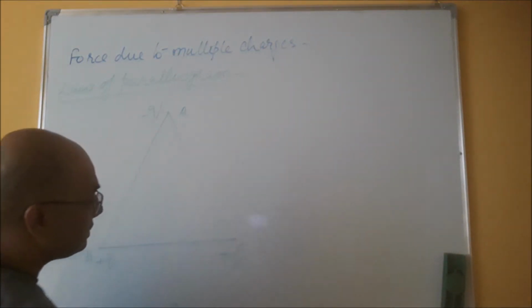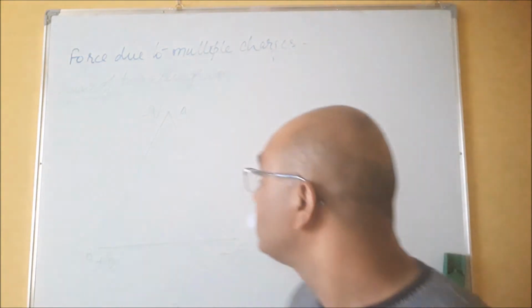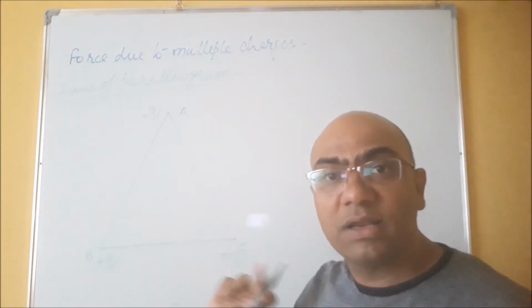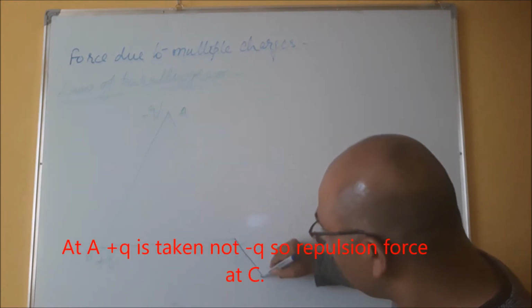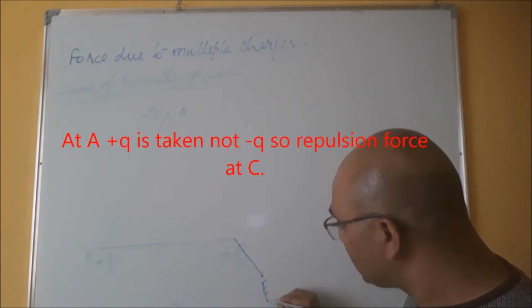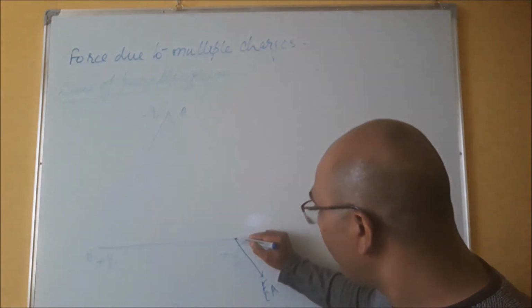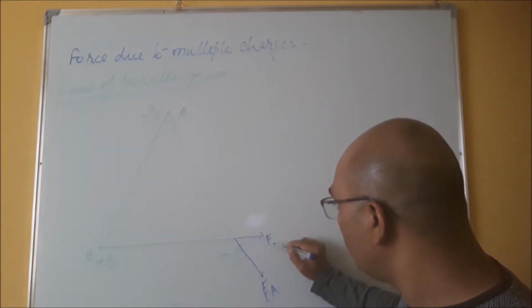You see, at point C, we have two forces. One force due to the charged particle at A, one force due to the charged particle at B. So at C, this force will be F at C due to A. Here, F at C due to B.